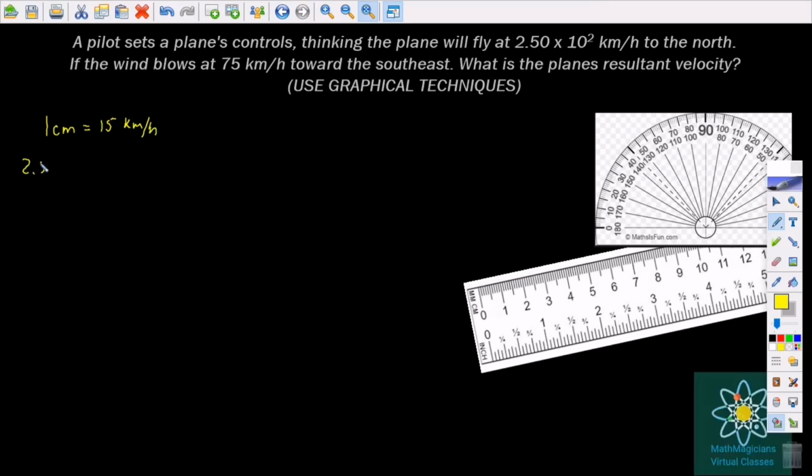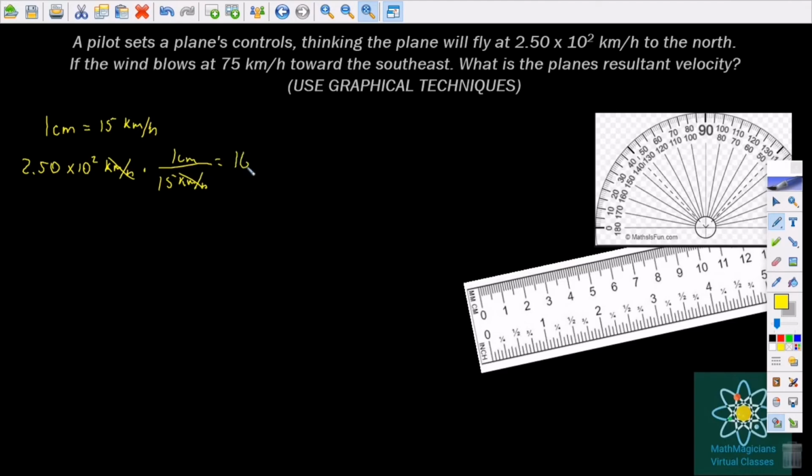I have 2.50 times 10 to the second power, and this is kilometers per hour. If I want to make that conversion using this scale, I have to divide it by 15. So 2.50 times 10 to the second power divided by 15, I have as an answer 16.6 repeating.